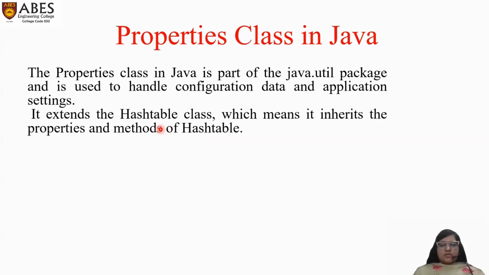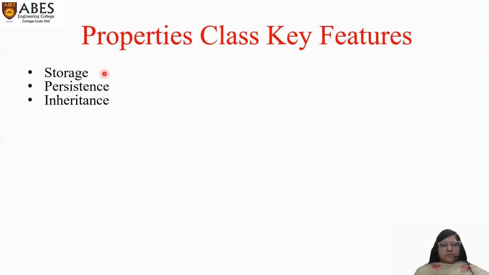This class is commonly used for managing application configurations and storing settings. Let's move forward and discuss some key features of the Properties class. First, we have storage. The Properties class in Java is a specialized version of the Hashtable class.